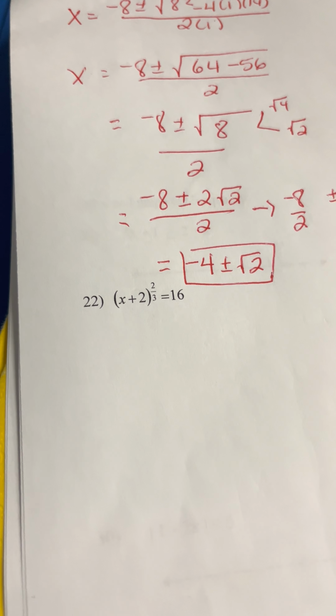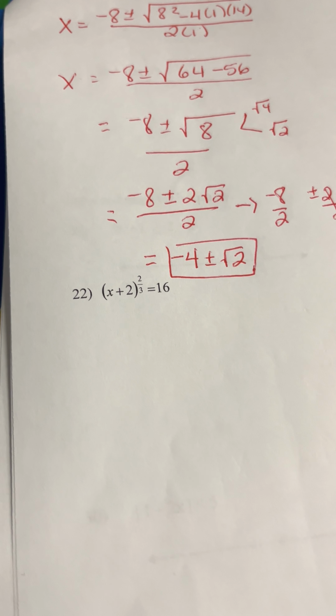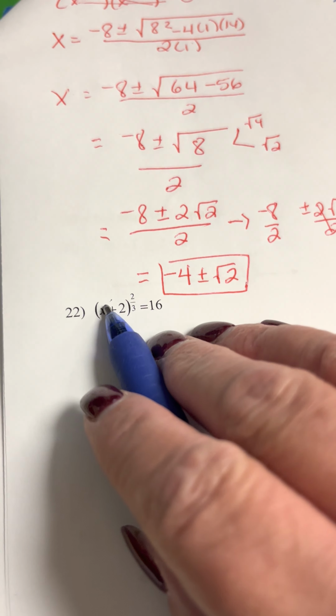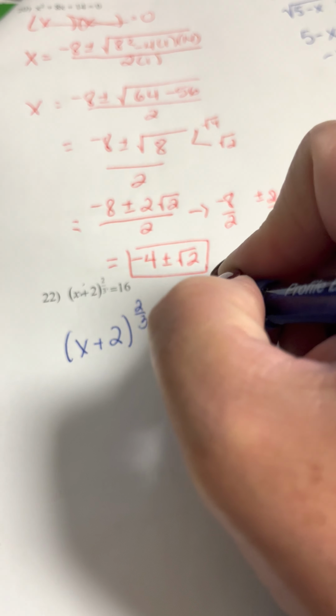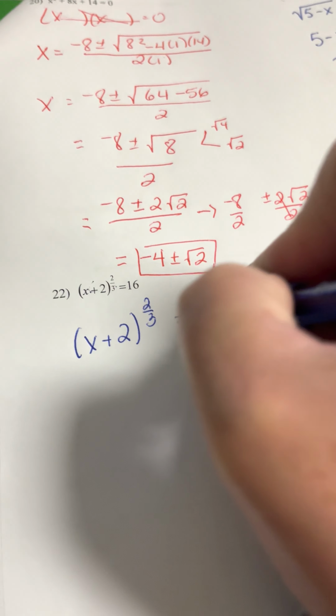All right, now for this guy, we have, again, the x trapped inside of this exponent. So in order to get rid of the exponent, the easiest way to do that is to raise both sides to the reciprocal of that exponent.